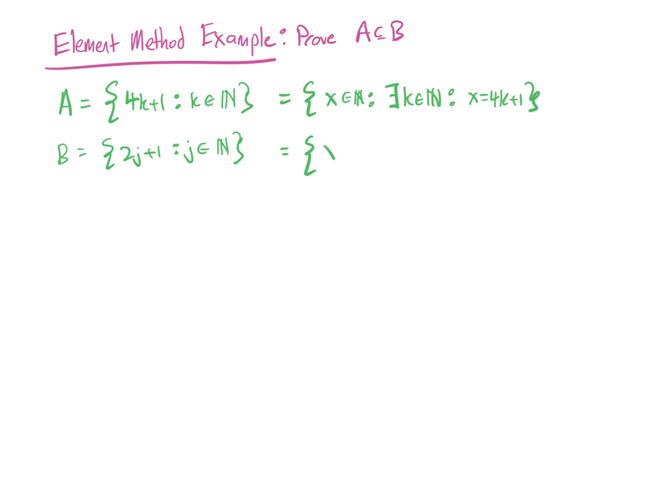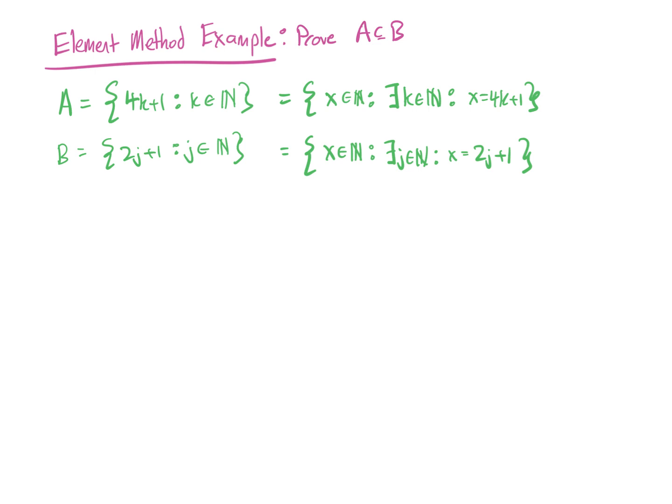Similarly here, B is the set of x's in the natural numbers with the property that there exists a j in the natural numbers such that x equals 2j plus 1. So now I have both of my sets represented in set builder notation. I am ready to go.